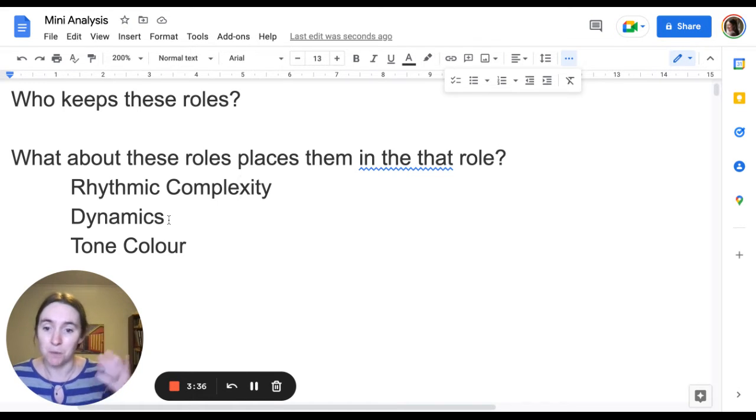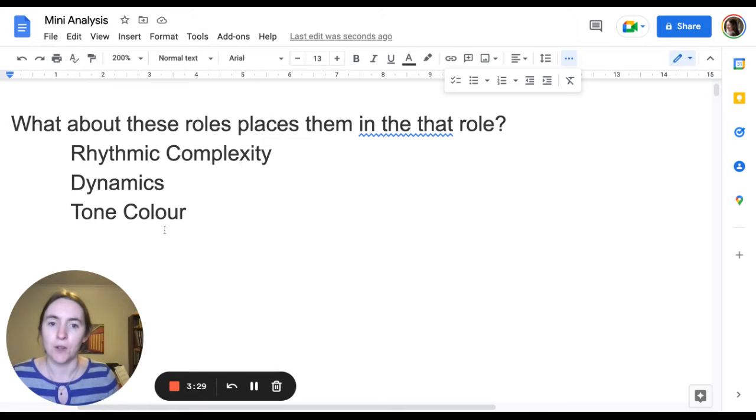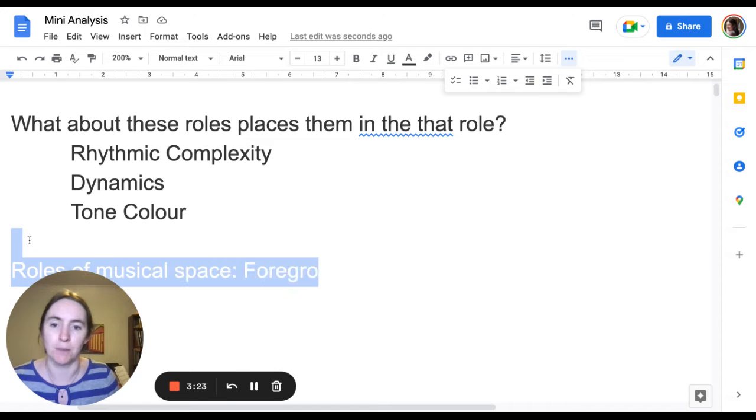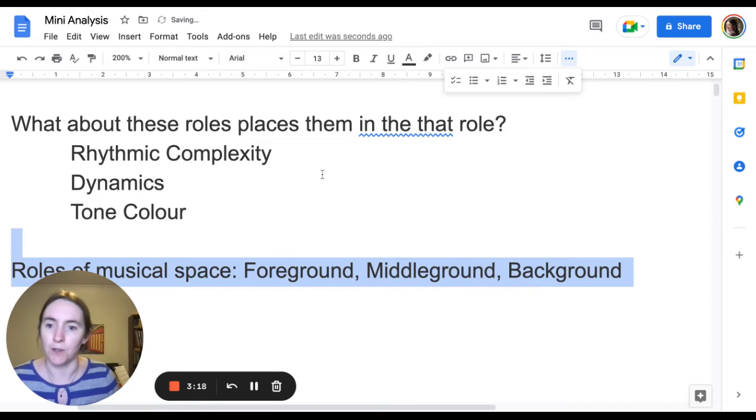Dynamics, if something's louder, it's more likely to be forward. Tone color, if it's brighter or harsher, it's more likely to be in the foreground. So always with analysis, it's not just what is it, but what reasons can you give for the way things are and who's playing what. So there are the three levels that you can talk about.